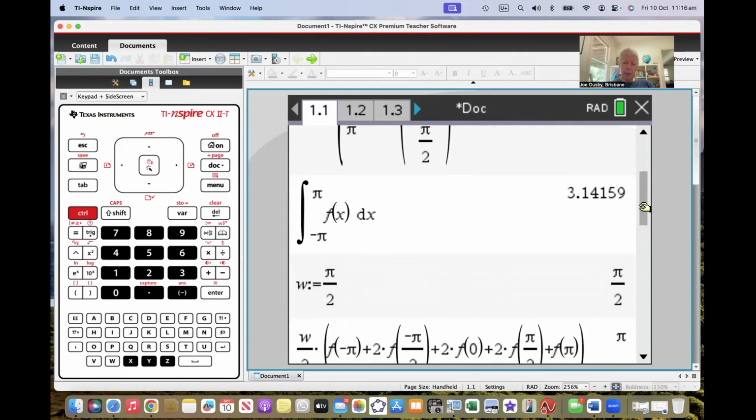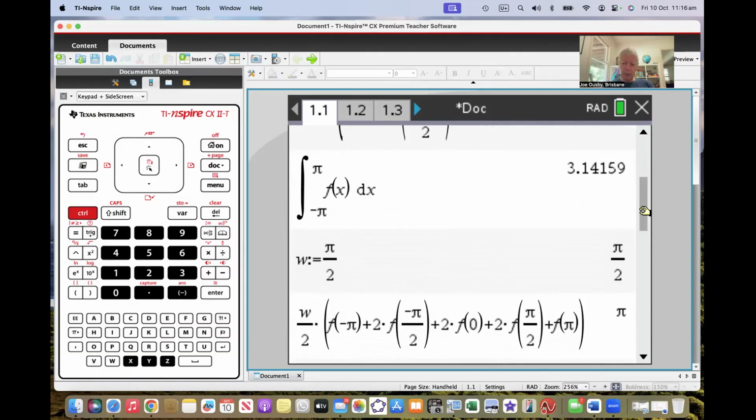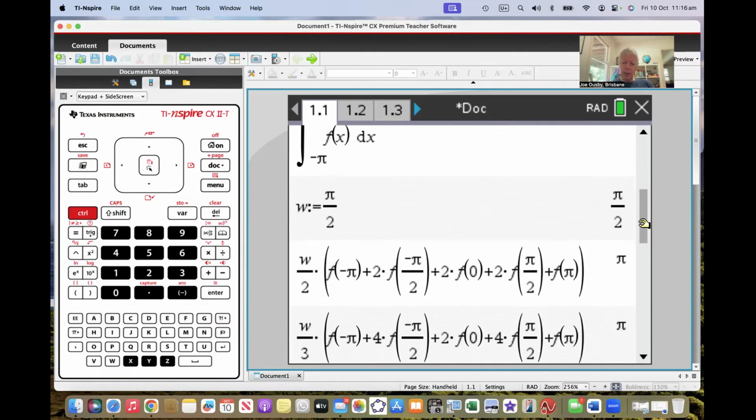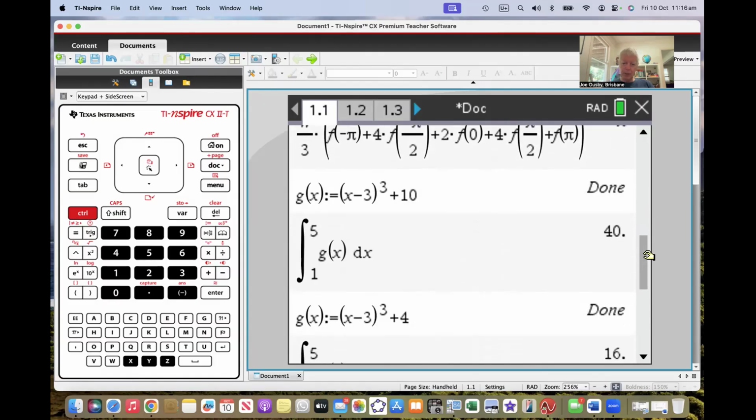The integration turned out to be 3.14159, and when I did the integration again using Simpson's rule or the trapezoidal rule, the answer came out as the exact answer. And that was interesting to say the least.